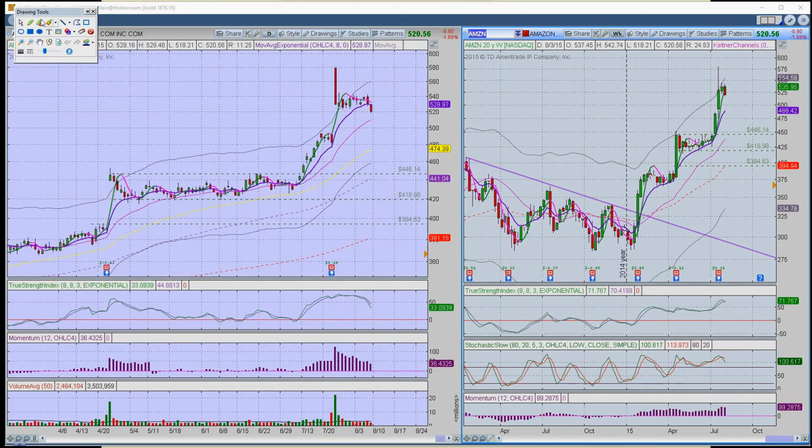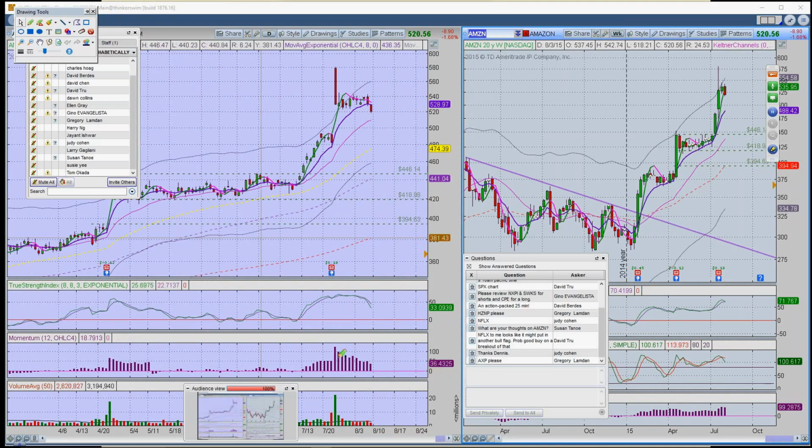What do we got going on? We've got momentum going down. We've got TSI rolling over on the weekly, and right now the momentum on the weekly is also starting to drop off a little bit. So if Amazon does in fact melt down, we know that on any gap up like this, about midway through the gap up there is a level of support.